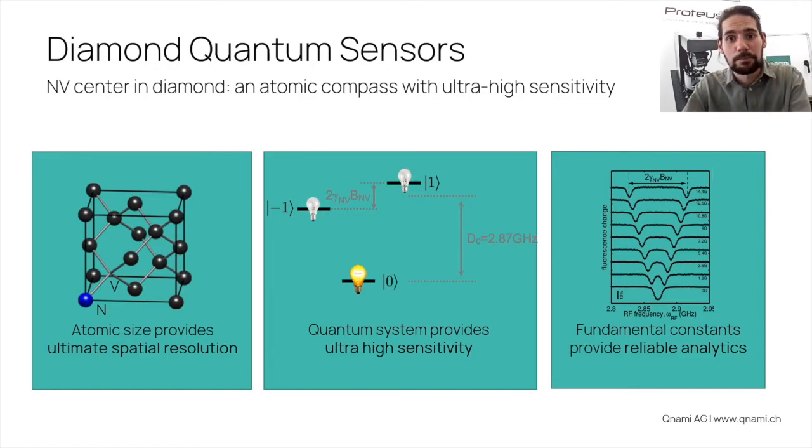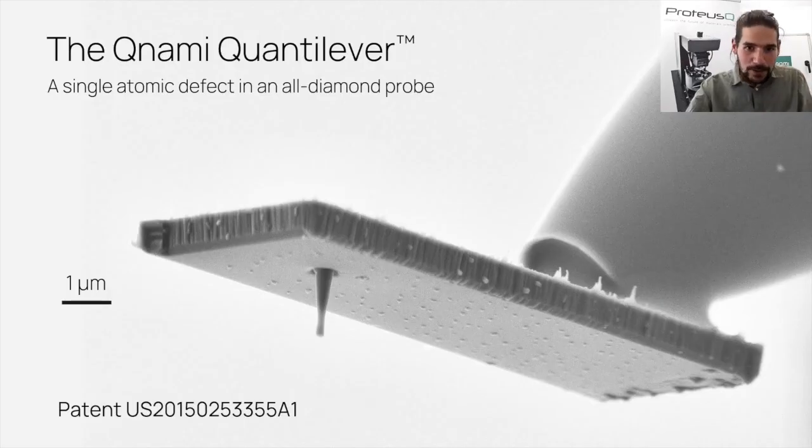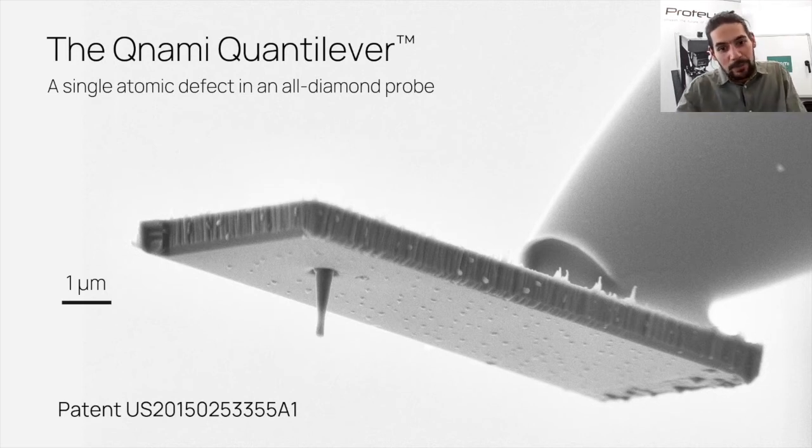What we now do is put the NV center at the apex of such a pillar. What you see here is the Qnami Quantilever. This entire piece at the bottom is carved out of diamond, and we shape this sharp pillar into this diamond bar and implant one single NV center at the apex of the pillar.